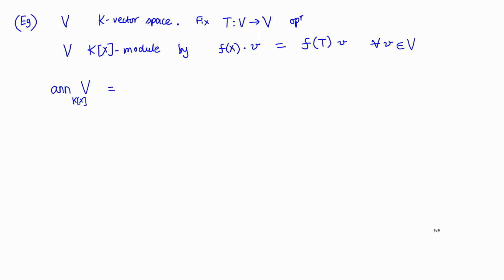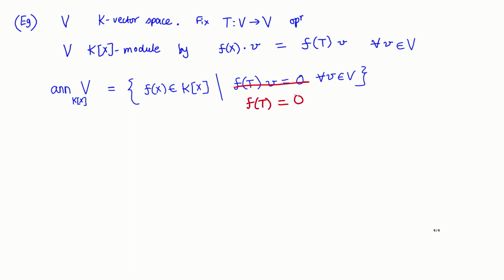It means all those polynomials in k[x] which annihilate the whole module. In other words, when I plug in the operator T, it just gives me 0 on every vector. So f(T)v is 0 for all vectors v in V. In other words, the operator f(T) is actually the 0 operator, right? So this property can be rephrased to say that f(T) is just the 0 operator.